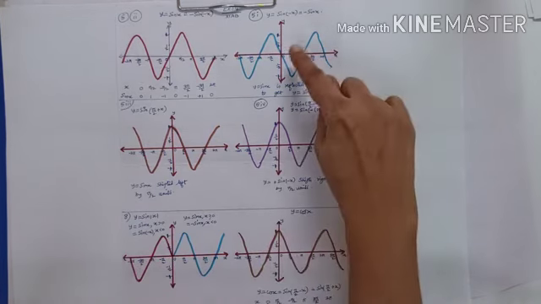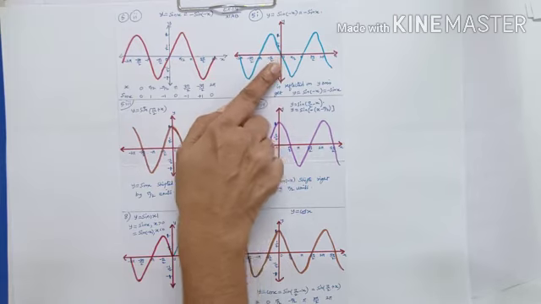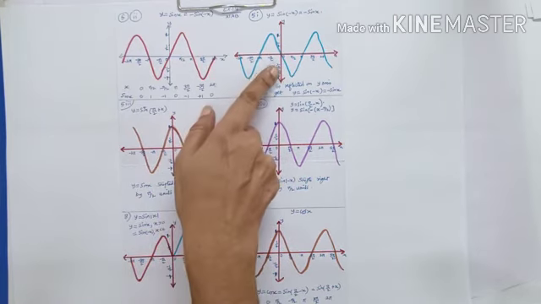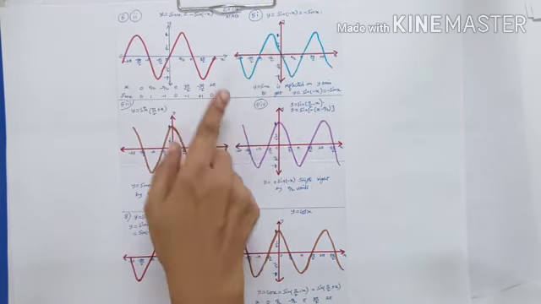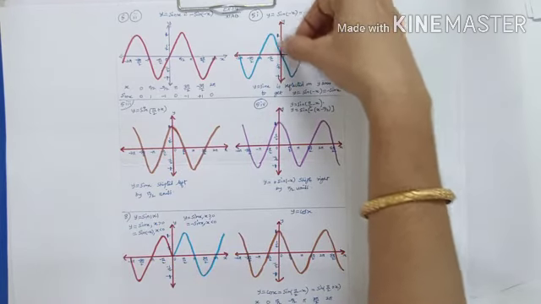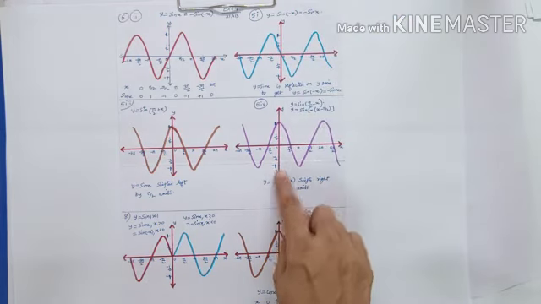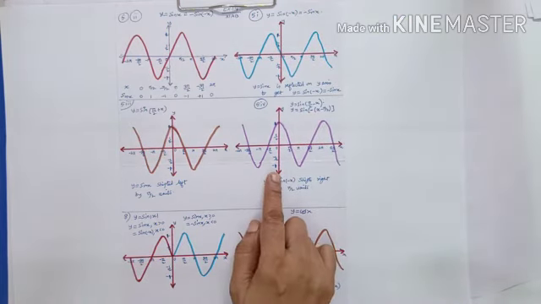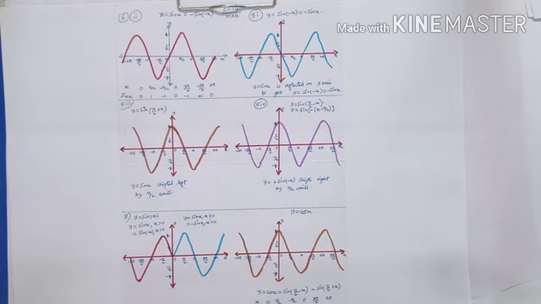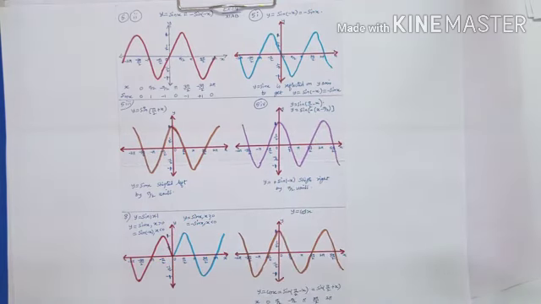Sine of minus x, this is the curve, shifting right by pi by 2 units. So this 0 will come here. So this blue curve will shift here by pi by 2 units. And this curve is nothing but the cos x curve. Sine of pi by 2 minus x will come for cos x also.